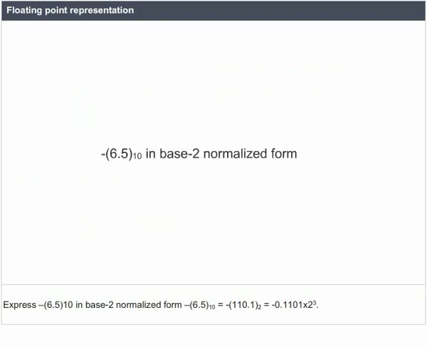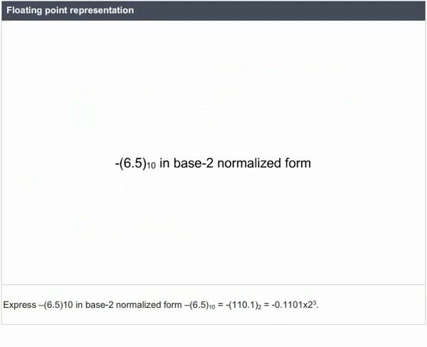Example: express minus 6.5 to the base 10 in base 2 normalized form. Minus 6.5 to the base 10 equals minus 110.1 to the base 2, which equals minus 0.1101 multiplied by 2 to the power 3.